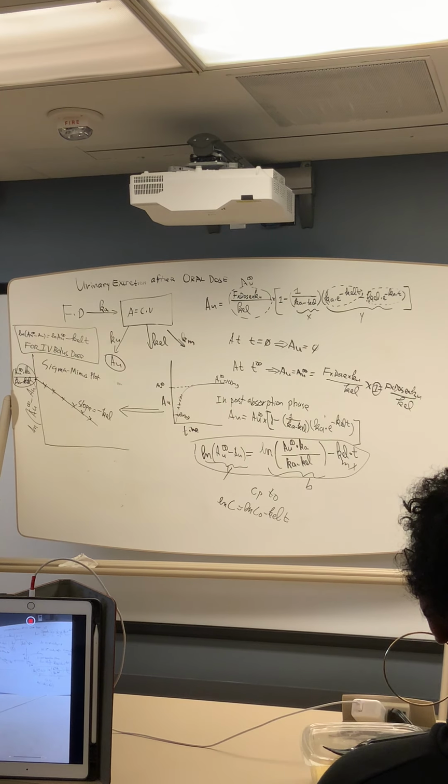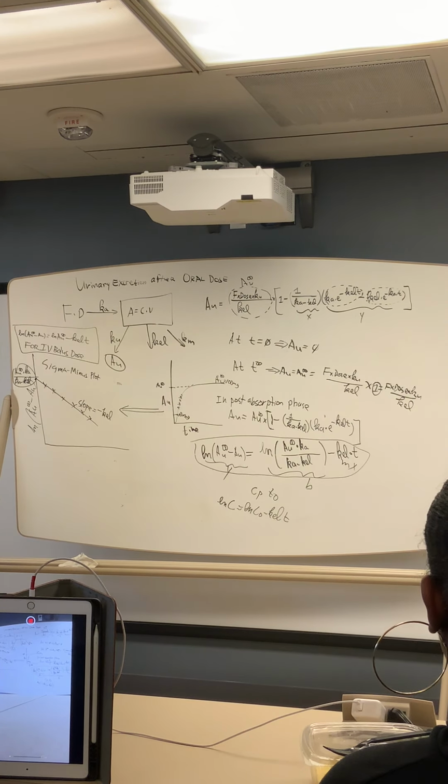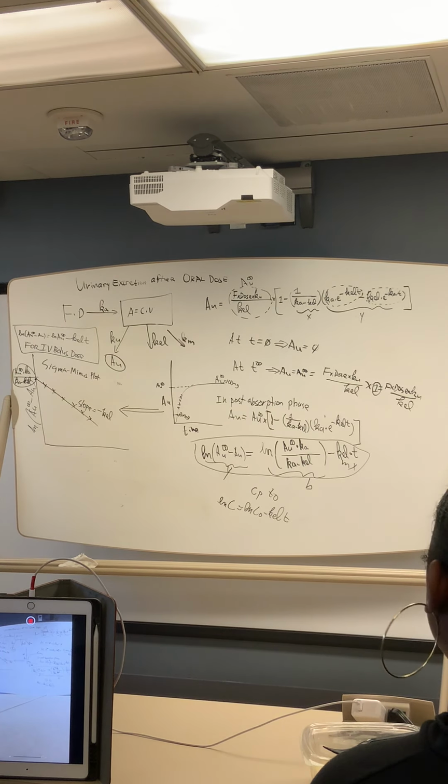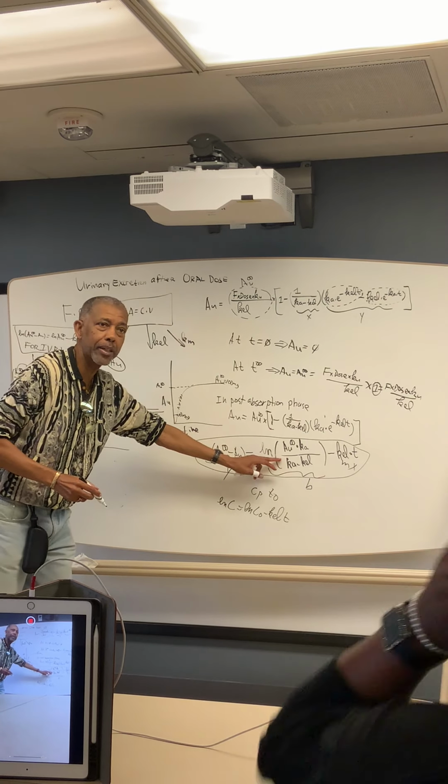If somebody on the test or in laboratory today says, tell me the value of AU infinity from your y-intercept, or just tell me the value of the y-intercept, and somebody says, well, that's AU infinity, that's not AU infinity. The equation says the y-intercept is this right here.